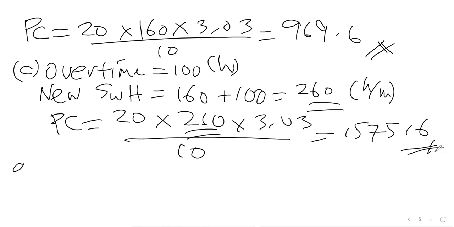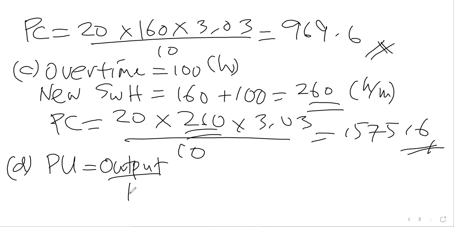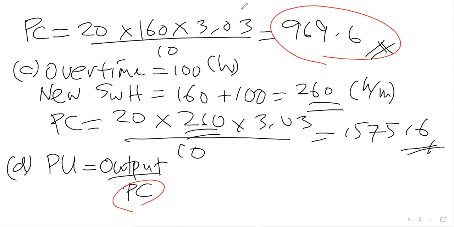So for D, you need to calculate the plant utilization, output divided by PC. Because you want to calculate the plant utilization, you need to use the old PC, because that is the PC for normal operation without overtime.